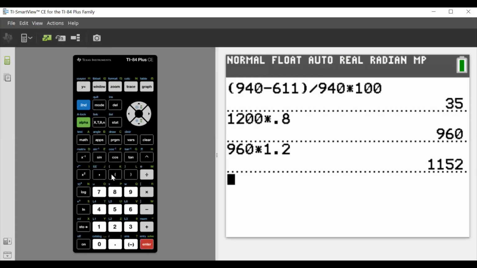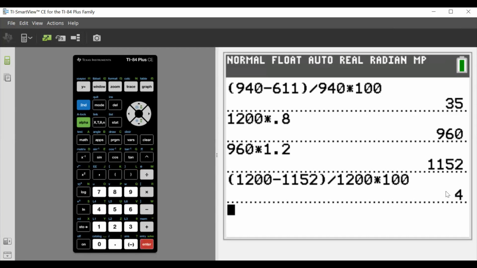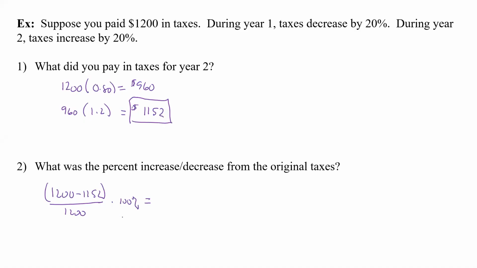So we're going to have 1,200 minus 1152 divided by 1,200, and then multiply it by 100. Otherwise, we just move the decimal place if we wanted to at the end. That's 4%. So 4% decrease.